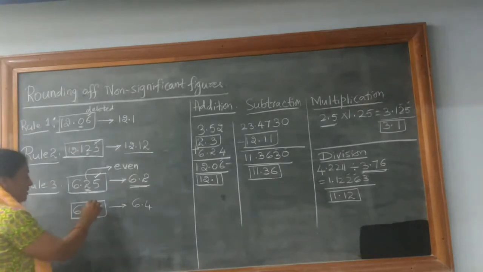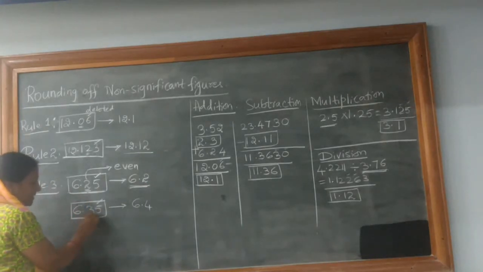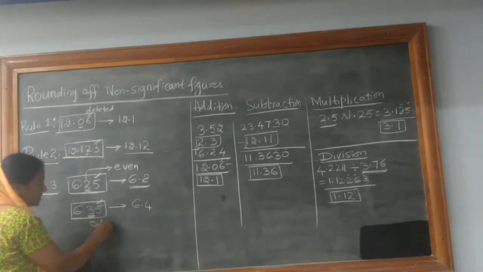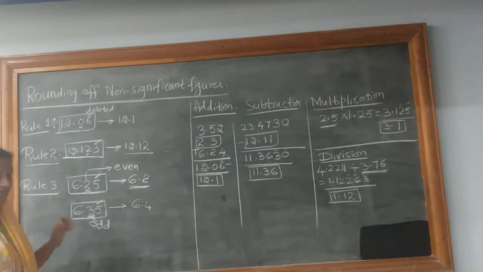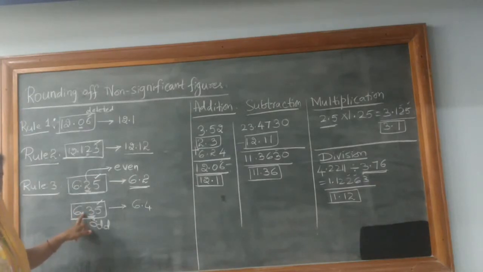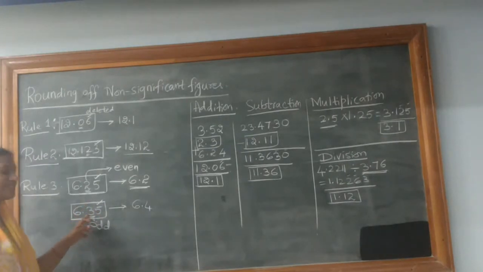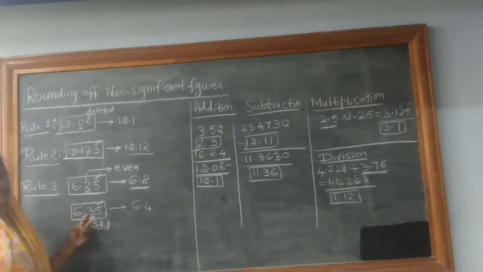If the digit to be dropped is 5 and the preceding digit is odd, here 3 is an odd digit, then add 1 to the preceding digit.